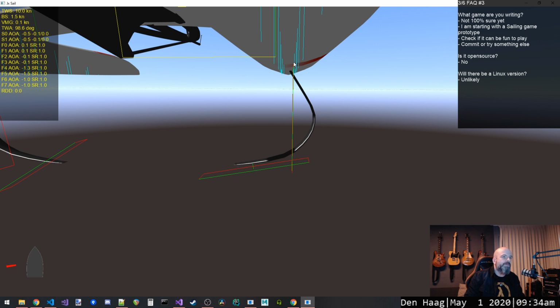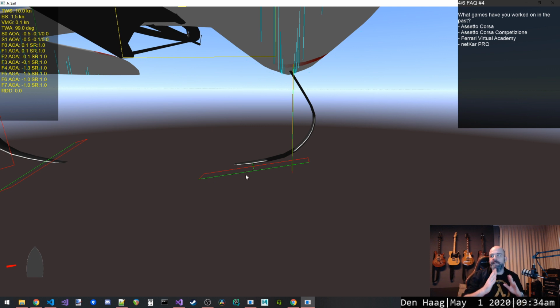I think I will have to actually recreate this in the physics. So I will have to basically write code that instead of doing it with a flat foil like this, is actually subdividing the foil into panels, a little bit like X-Plane does it, if you're familiar with X-Plane and the blade element theory.